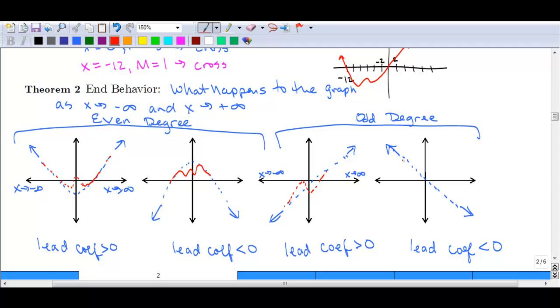You can have a bit of a wiggle in here, but as x goes to negative infinity, this one's going to be going to positive infinity. As x goes to positive infinity, the function is going to be going to negative infinity.